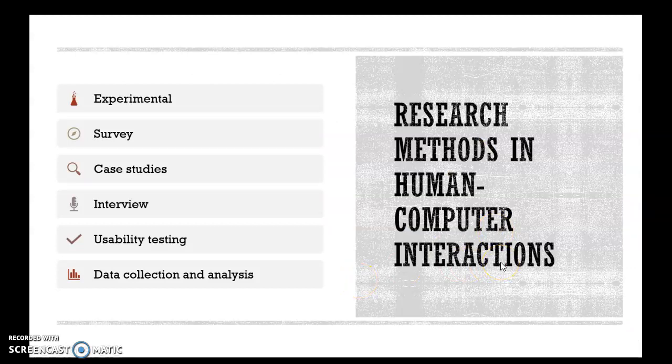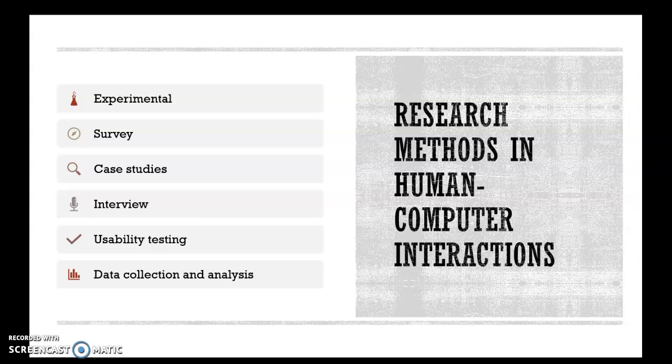Research methods in HCI include the following, which is what we're going to cover: experimental and survey are used a lot, case study, interview and focus group are used a lot, especially in the early stage of defining the software, defining the specification, and defining the needs.